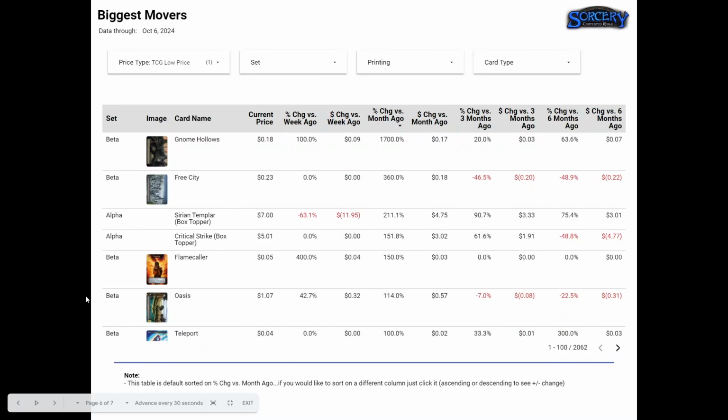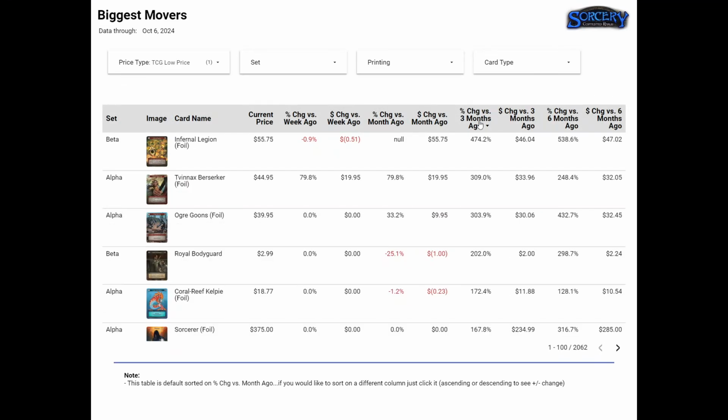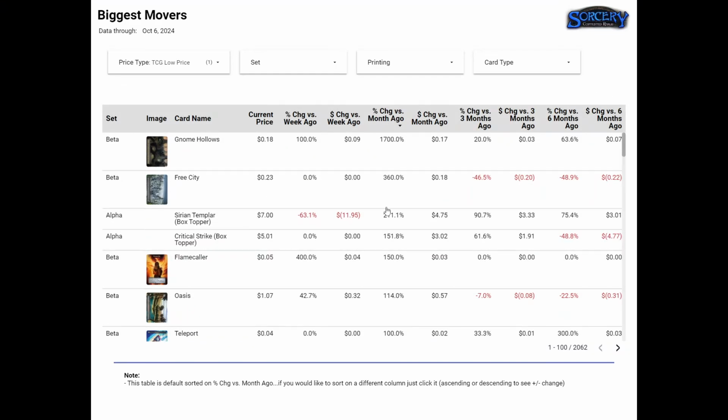And instead of just choosing a specific card, if you want to step back and say, what is moving the most over the past week or the past month or past 6 months, that's the purpose of this page. You can click and filter and see what's going up or down in price. I've highlighted this in some prior videos, so I won't spend too much more time here, but just wanted to briefly describe its purpose.